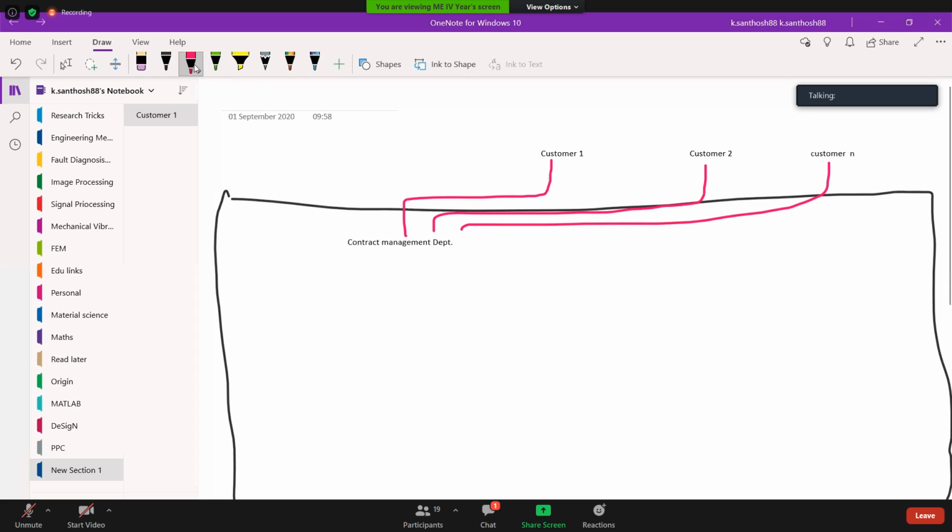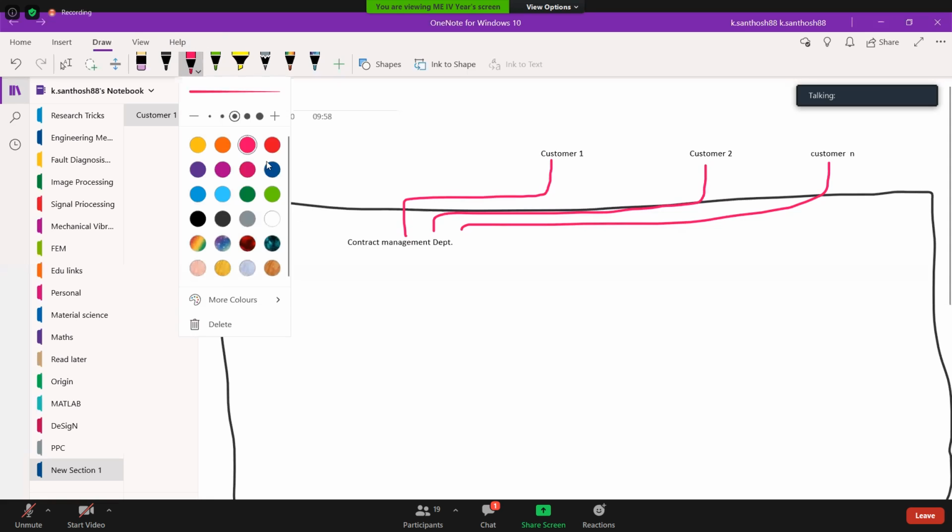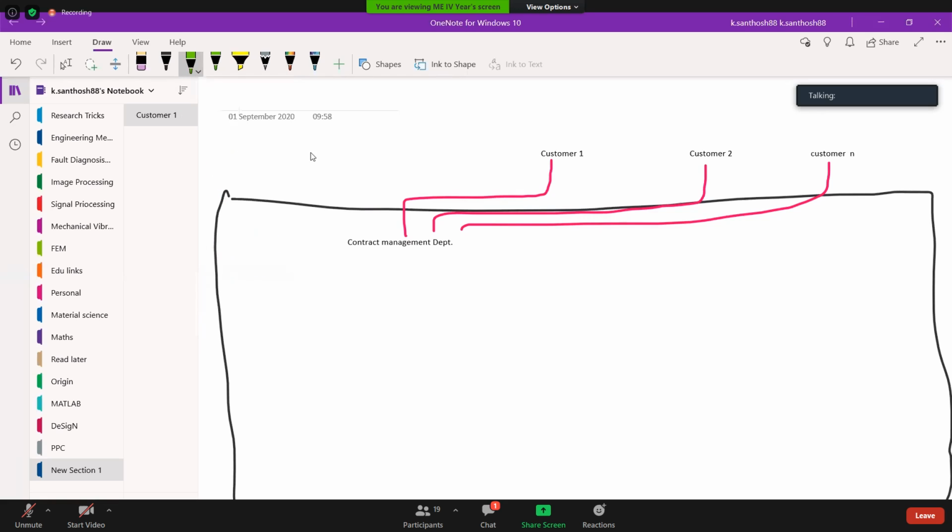This has a very hierarchical management. Above this there will be a CEO or chief operating officer and CEO.